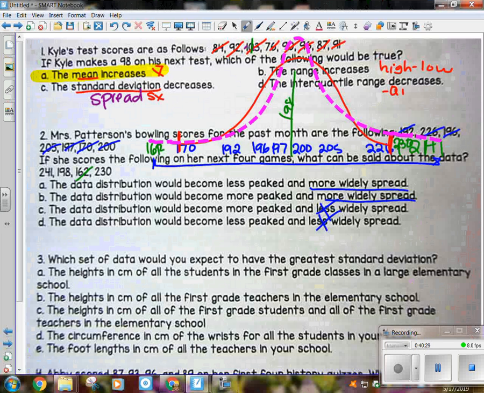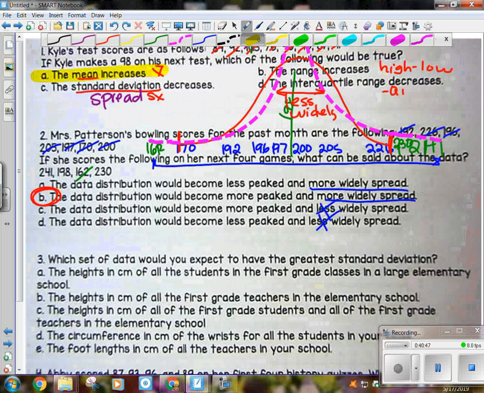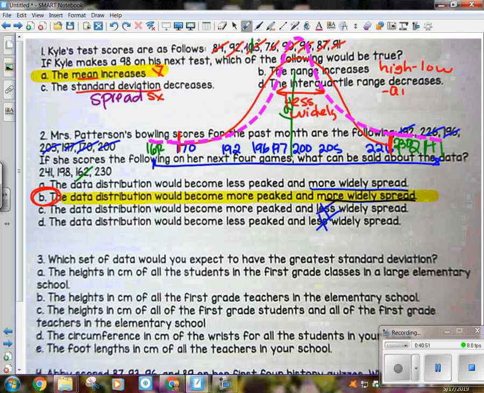So it looks to me, and this is just an observation, this is less widely spread than it was before. See the red line? Now I've got a pink dashed line. So I think the best explanation is B. The data distribution would be more peaked and more widely spread.